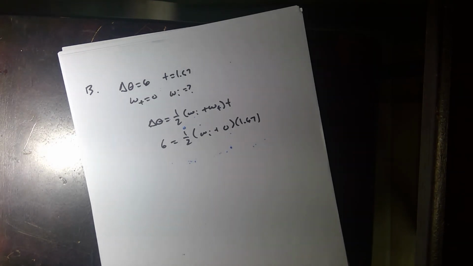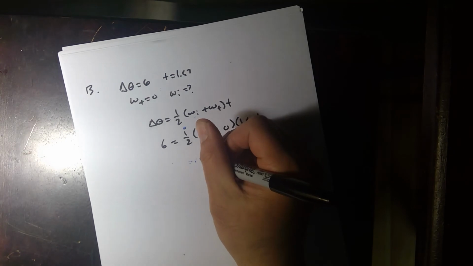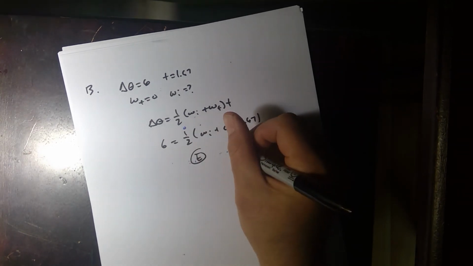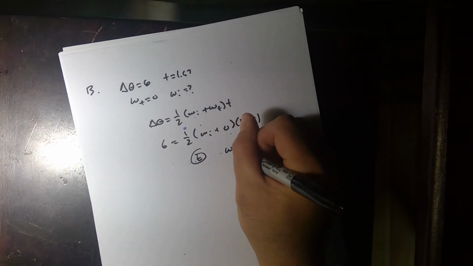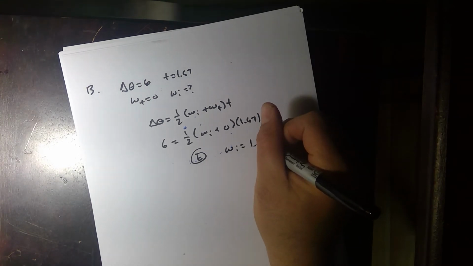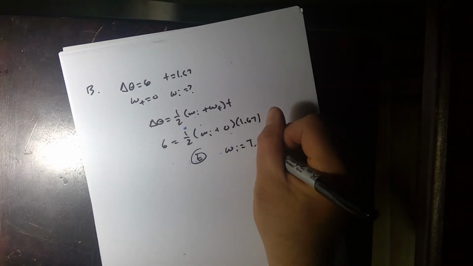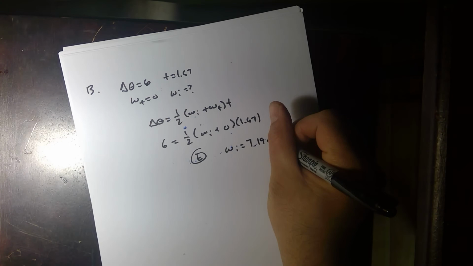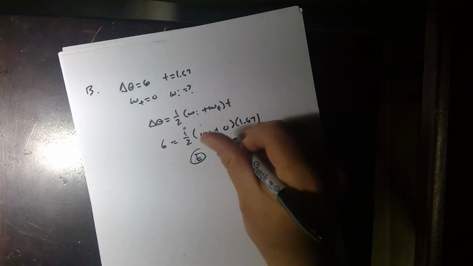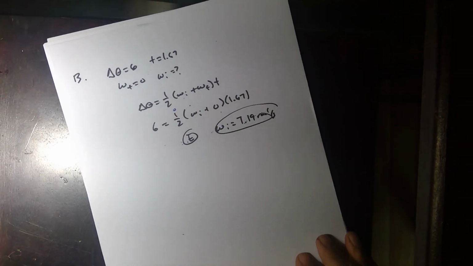I get like 7.18, so I guess if we round that, the answer is 2. The answer would be E. You get, well, it's 7.19 actually. Pretty quick.